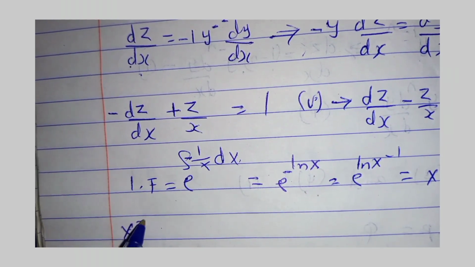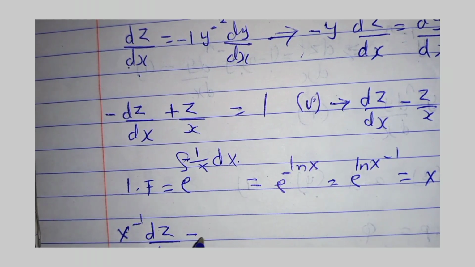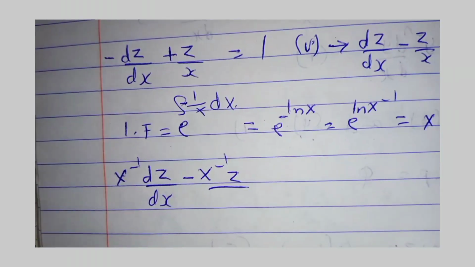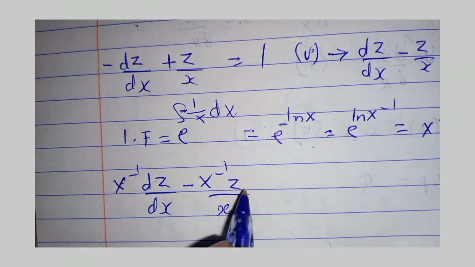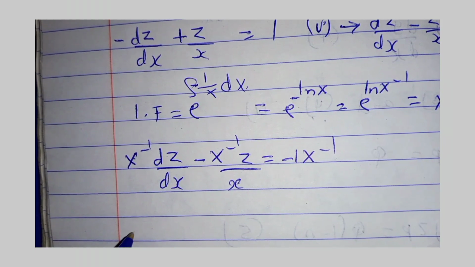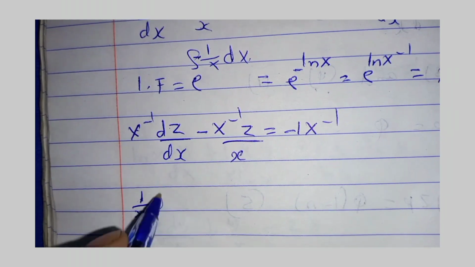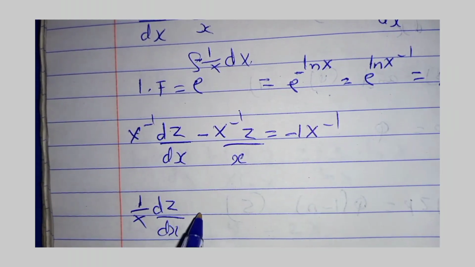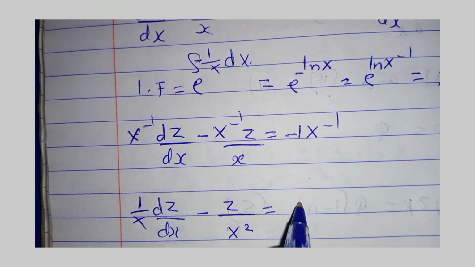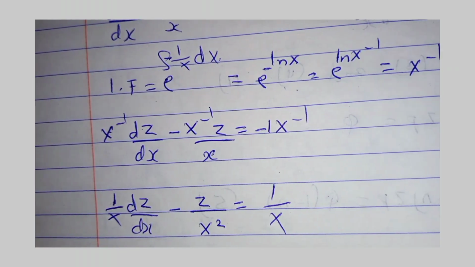So we shall have x power -1 dz over dx minus x power -1 z over x is equal to -1 x power -1, which can be written as 1 over x dz over dx minus z over x squared, which is equal to 1 over x, using the laws of indices.